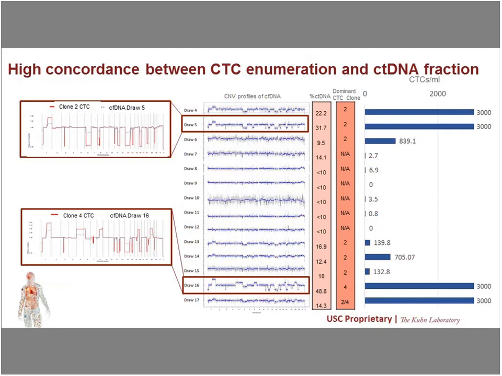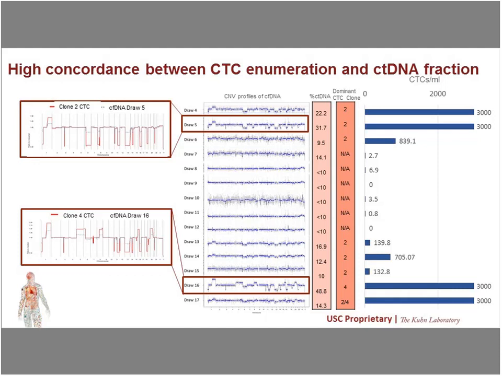and we found that time points with elevated CTC concentrations also contain larger fractions of ctDNA, and the levels are positively correlated. And also, CNV profiles of cfDNA represent the aggregate of CTC clones.